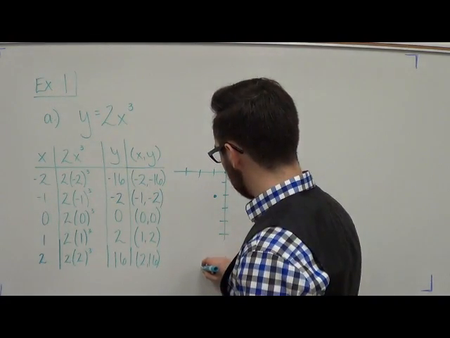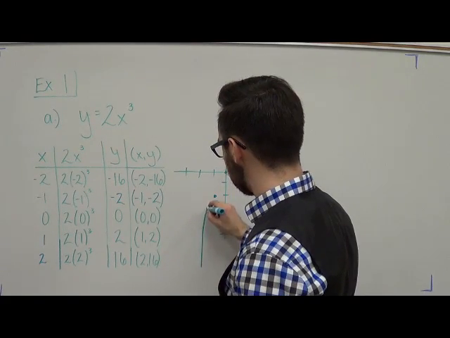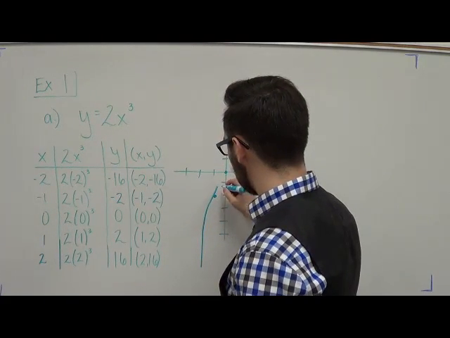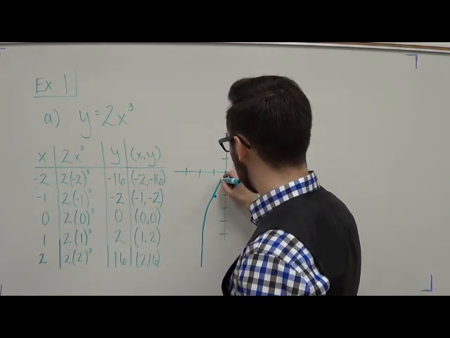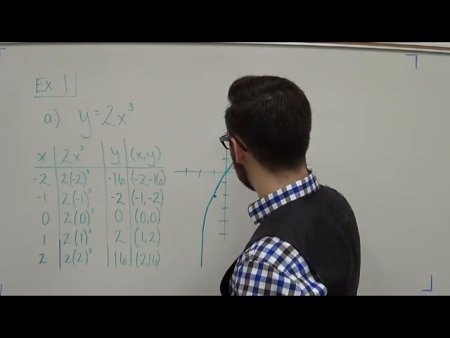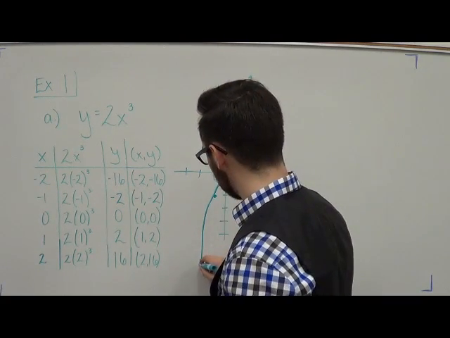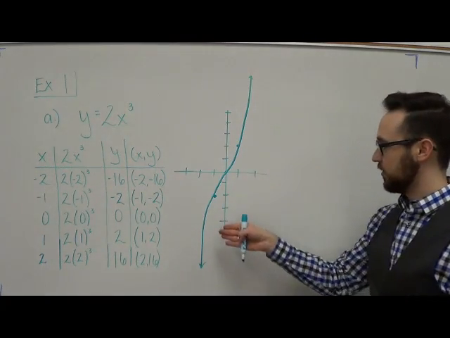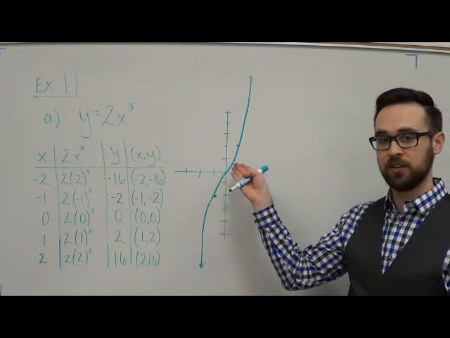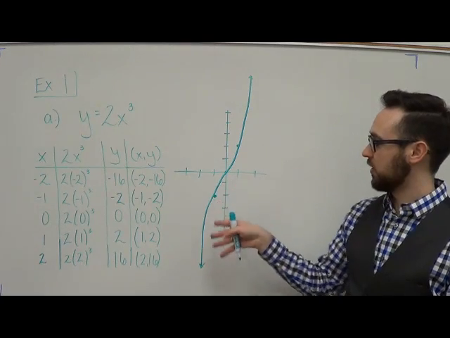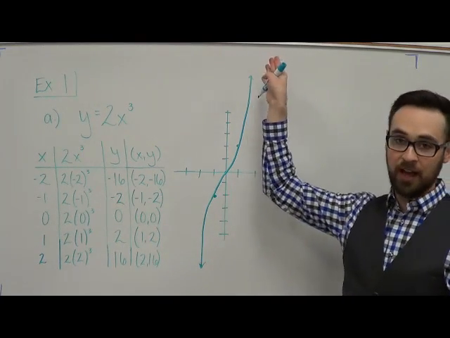So remember, this is coming up, goes through that point, flattens out a bit, and then it's going to continue to move up this direction. Now, it's not as curved here as it was in the example I gave because it's stretched out a little more and it's going higher.